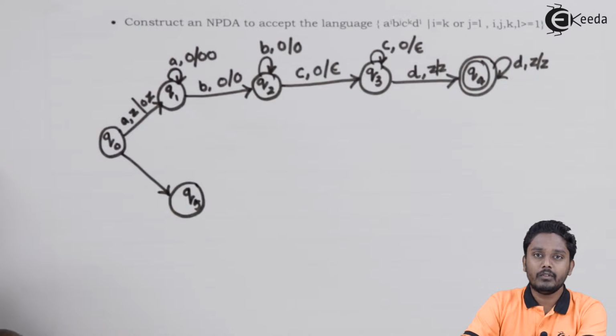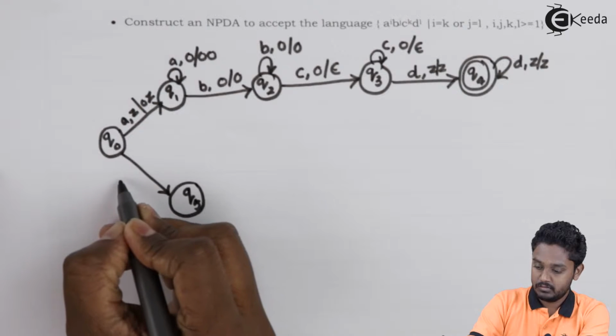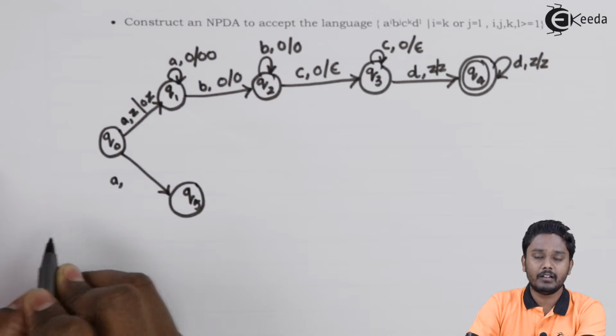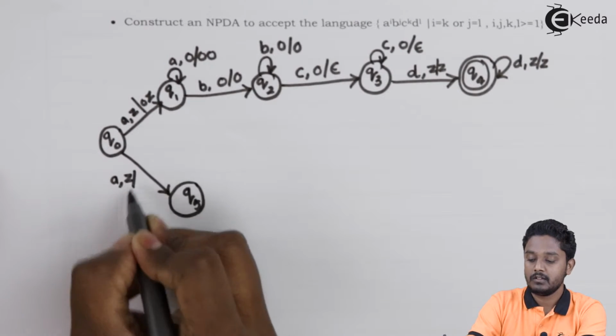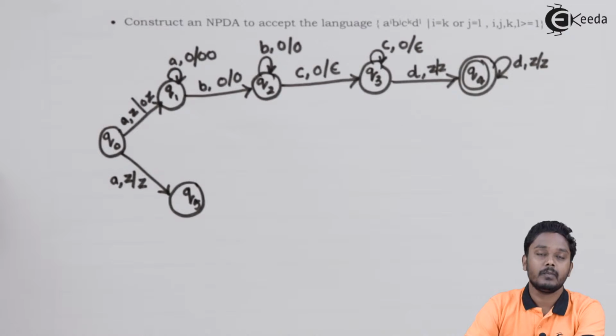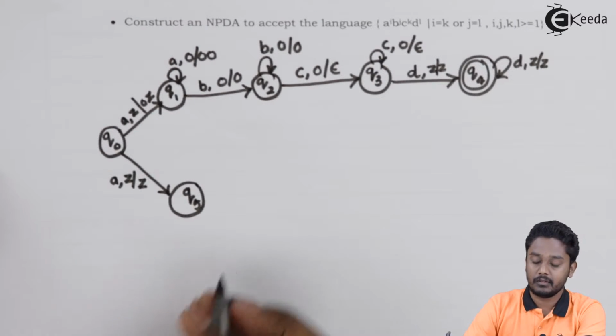We will go to Q5 on encountering A, with Z as the top of the stack, keeping the Z as it is. Now, whatever number of A's are coming up, we'll skip it.